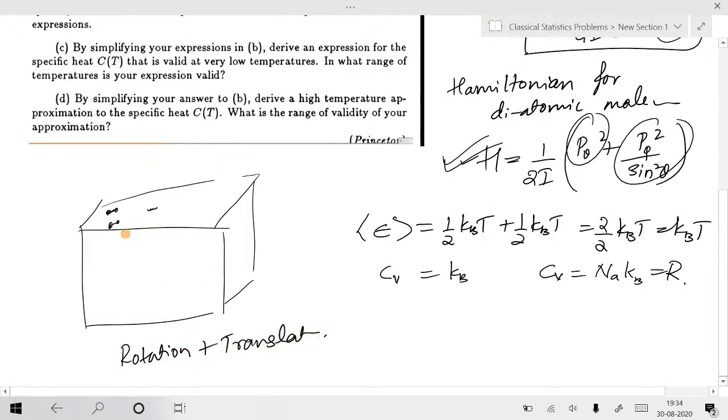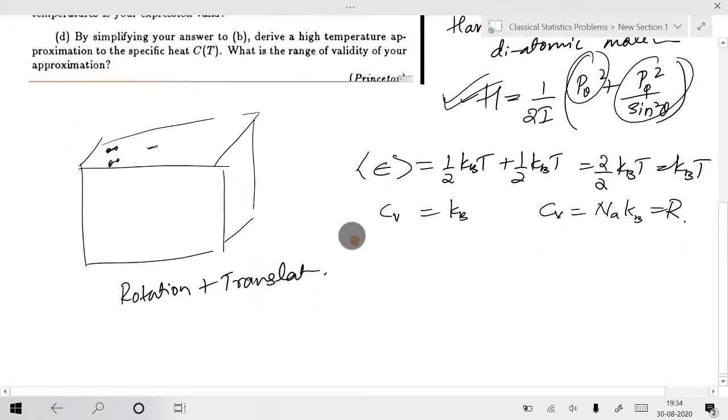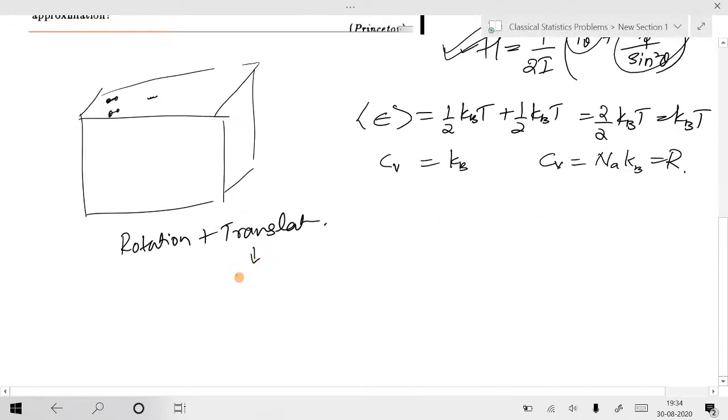when you see the whole system, each of the molecules appears to be a kind of point particle, isn't it? Again, they are having translational motion. If you write the energy for the translation, you can write p square by 2m, that's nothing but px square by 2m, where p is the momentum of the center of mass, whole square by 2m. This is the kinetic energy of each molecule.